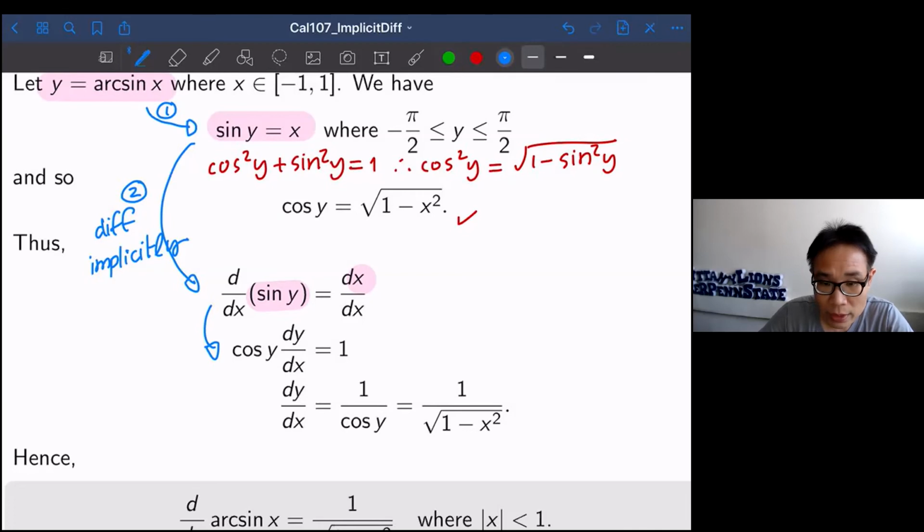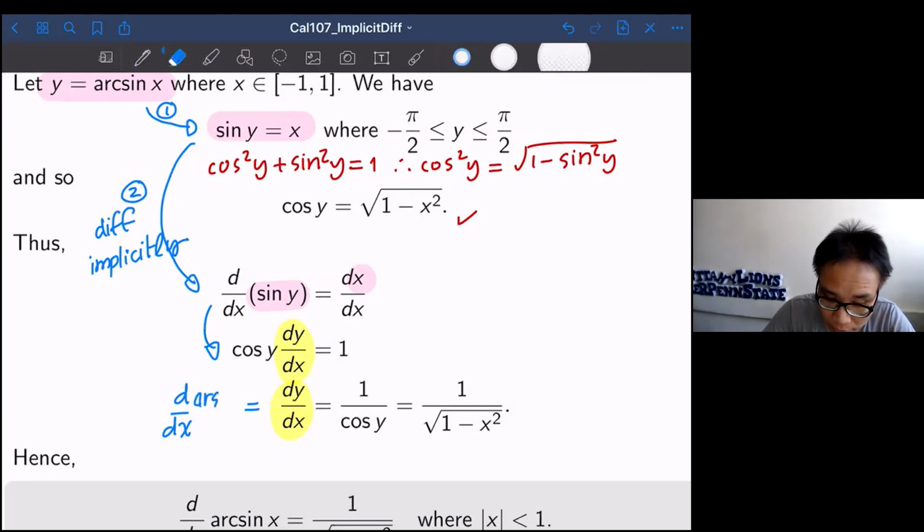So you have dy/dx equal to 1 over cos y. So you solve for dy/dx, and you have dy/dx equal to 1 over cos y, and what is dy/dx? dy/dx turns out to be d/dx of arcsin x.